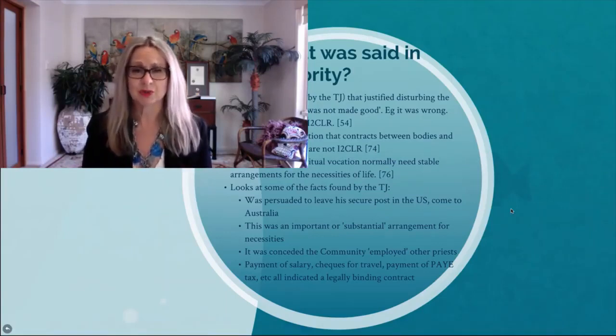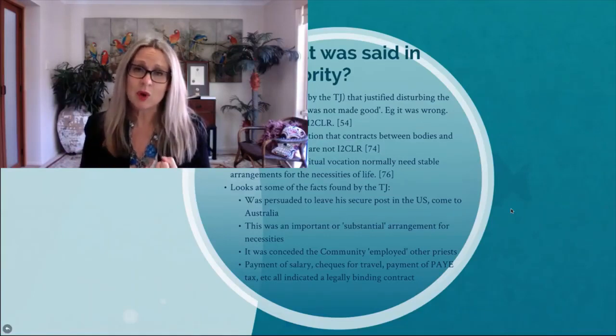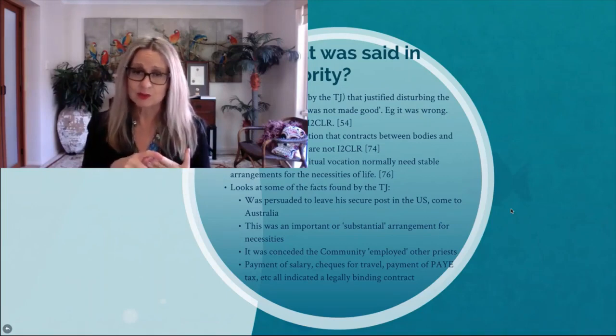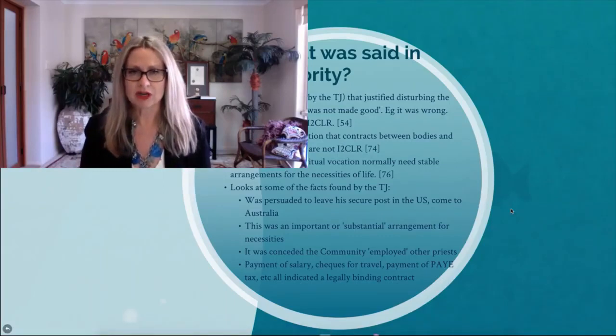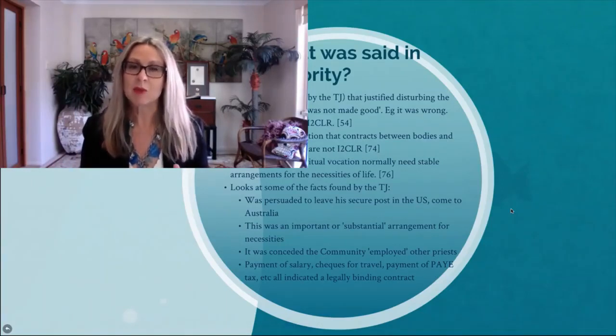It's a bit artificial. Other things like payment of salary, payment of checks for travel, the arrangement for payment of PAYE tax and what was stated on the tax forms, all of these things tended to indicate a legally binding contract.